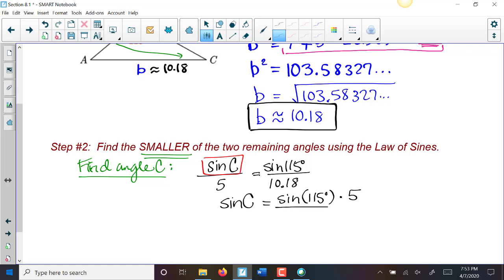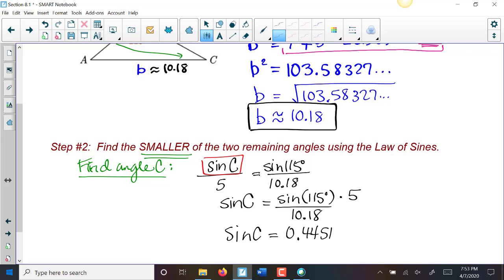Or if you separate it like this, you won't think it's attached to the 115 degrees. You could always put the 5 in front of the sine of 115. Okay, so that is going to give me the sine of angle C. Now, this, once again, you don't have to write on your paper, but I want to have it so you can see it.